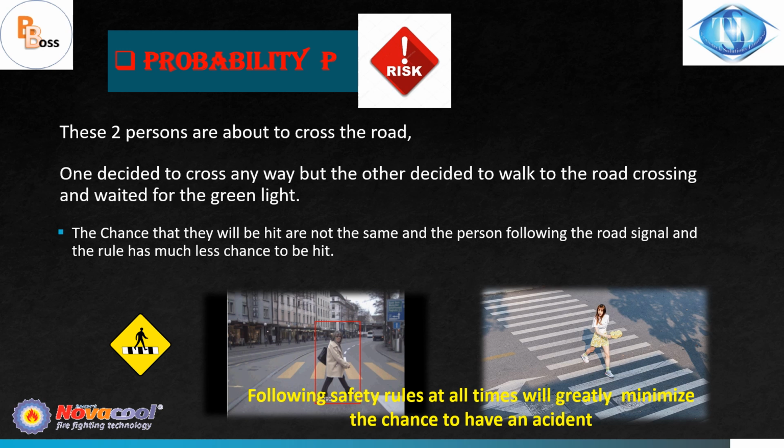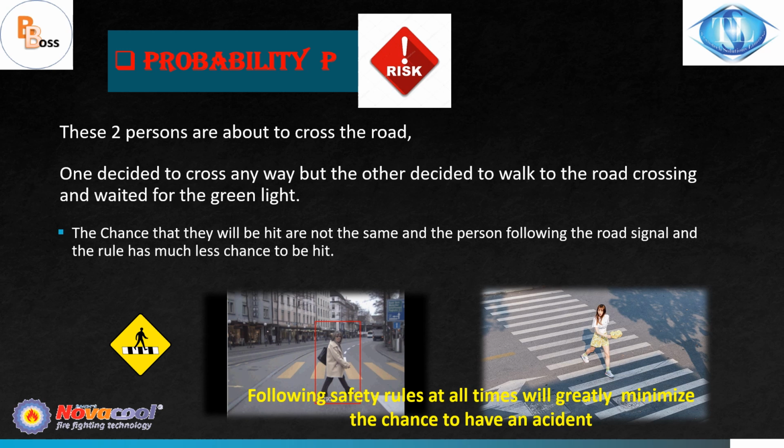The other lady decided to just cross from anywhere. So the chance that you get hit, of course, is much less for the person who followed the rules, went to the zebra crossing, and waited for the signal. When the signal is green, she crossed.